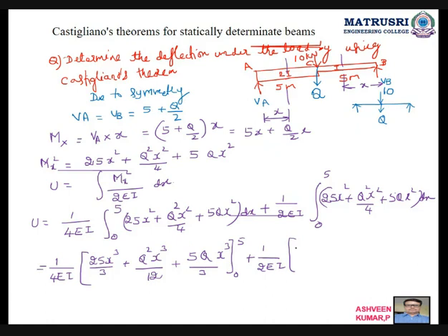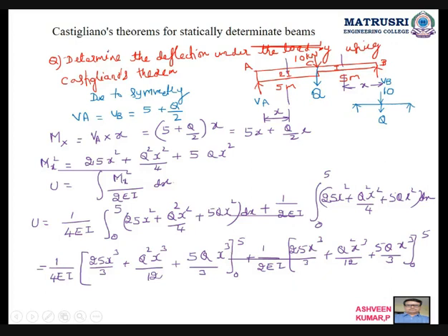Same thing here. So 25 x cube by 3 plus Q square x cube by 12 plus 5Q x cube by 3, 0 to 5. So last class we discussed the deflection.